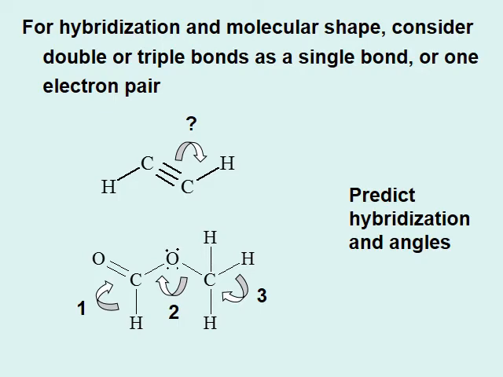Just a few seconds ago, I mentioned hybridization and molecular shape for double and triple bonded compounds. When you have double or triple bonds, consider a double or triple bond as a single bond. In this case, let's focus on this carbon, which has a triple bond on one side and 1 bond on the other side. We count the triple bond as 1 pair of electrons and the other bond as another pair, so this carbon has 2 pairs of electrons.